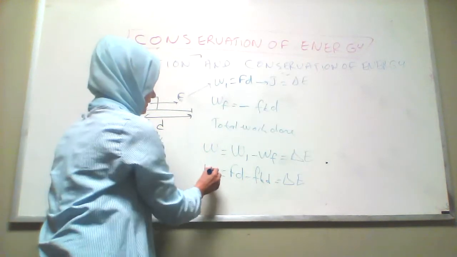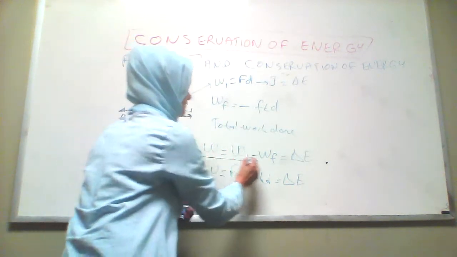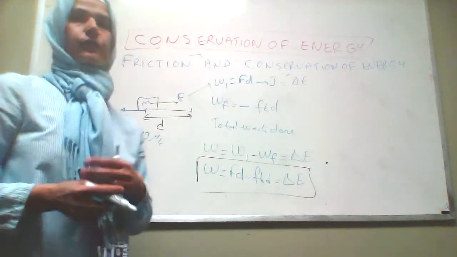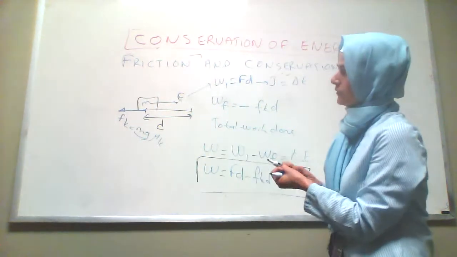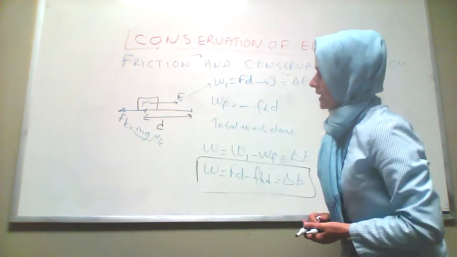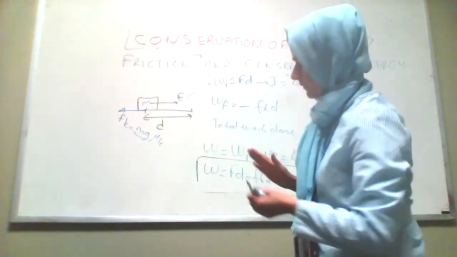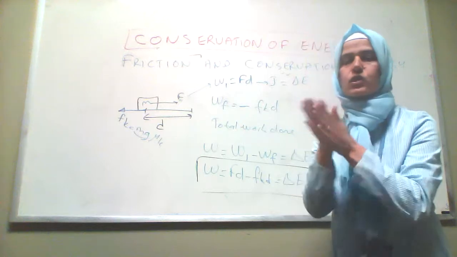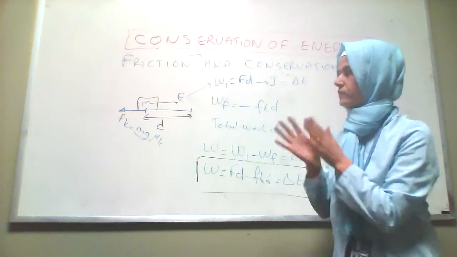And this is what friction does. It does a negative work. In terms of energy, it converts some of the kinetic energy here into heat. We know that if we rub our hands against each other, they become hotter because of that.